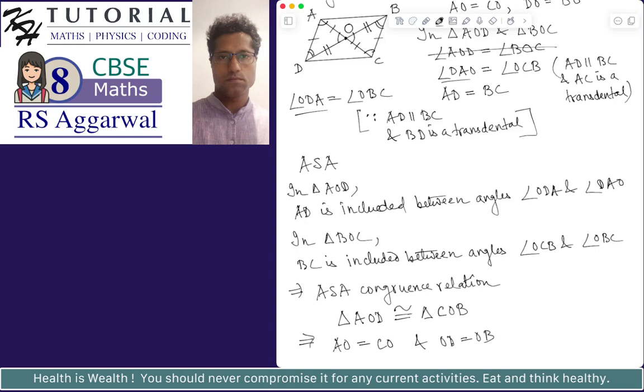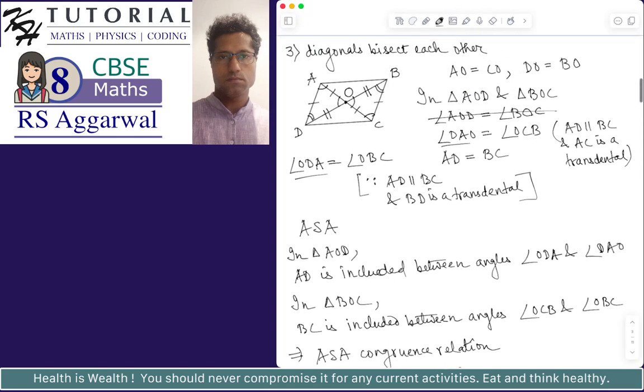So this is what we have to prove. AO is equal to CO, that means O is the midpoint of the diagonal AC, and OD is equal to OB means O is the midpoint of the diagonal BD, and hence we can see that the diagonals AC and DB have been bisected at the point O. Hence it is proved.